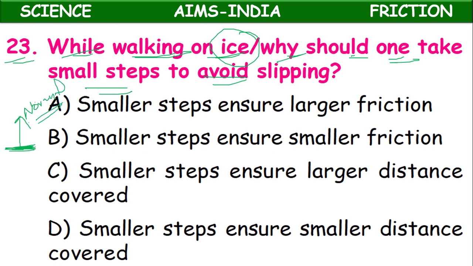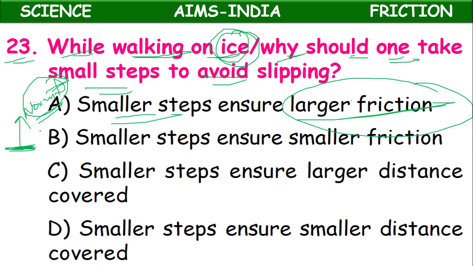So greater normal force. Because friction depends on normal force, because of greater normal force, greater frictional force will be developed. We cannot skid on the ice. So smaller steps ensure larger friction because of larger normal force.